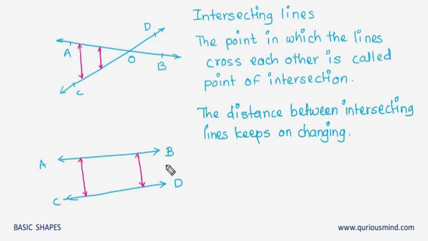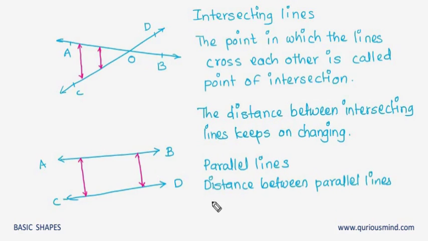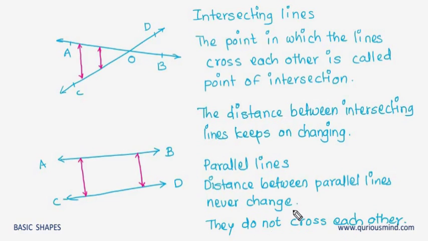These lines are called parallel lines. We use a denotation, two standing lines, to indicate that line AB is parallel to line CD.